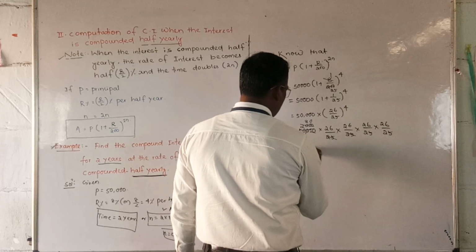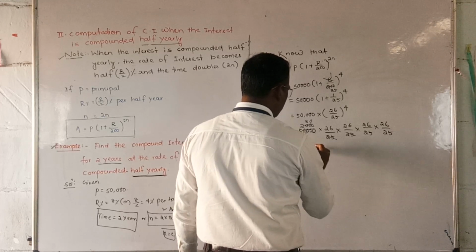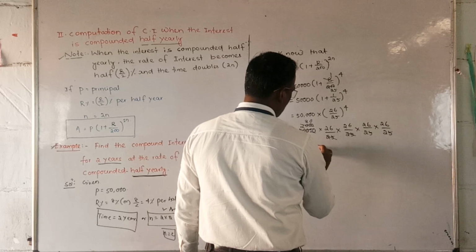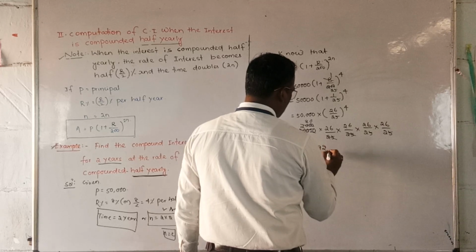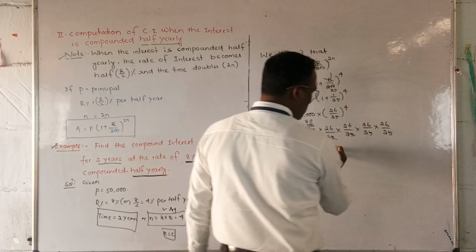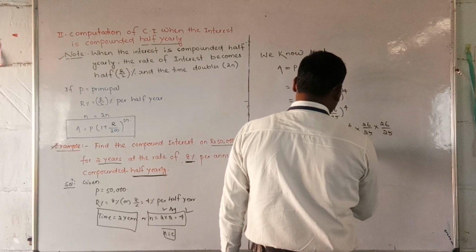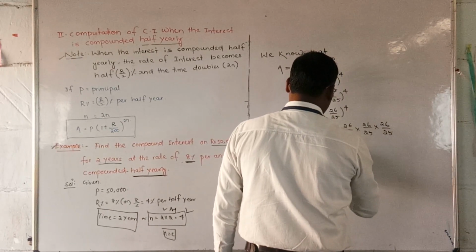Observe that, students. I am not simplifying it fully, I directly wrote it there. If you simplify it, we will get 58,492.93. Okay, that is the amount.